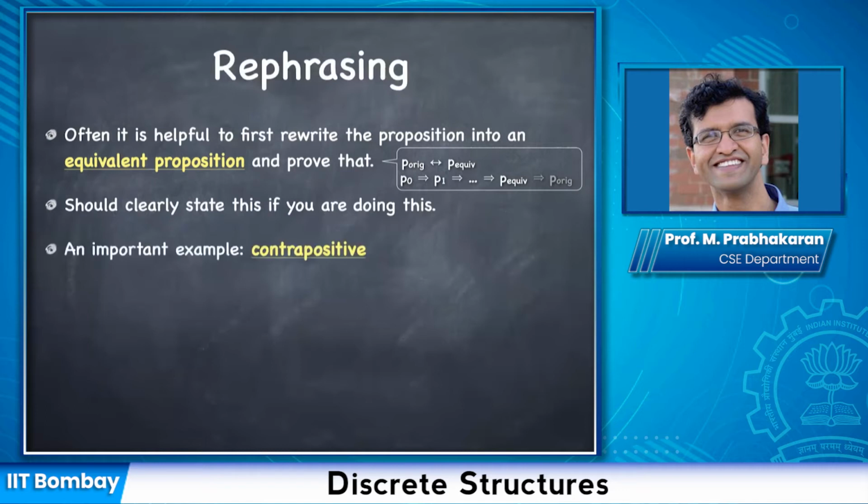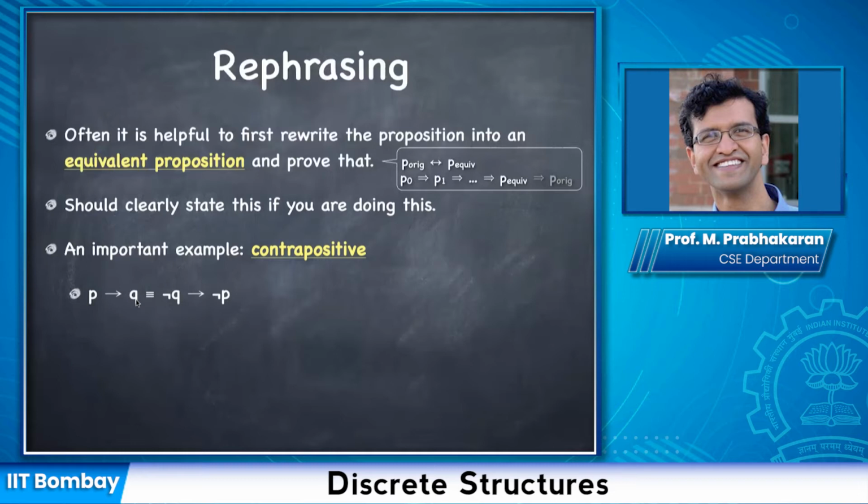And here is a very important example of using a rephrasing, and that's to use a contrapositive to prove an implication. So suppose you're originally asked to prove P implies Q, you would first rewrite it as not Q implies not P, and then you would go ahead and prove this statement. Now this proof would start off by saying suppose not Q. So when somebody asks you to prove P implies Q, and your proof starts off by saying suppose not Q, that could be confusing.